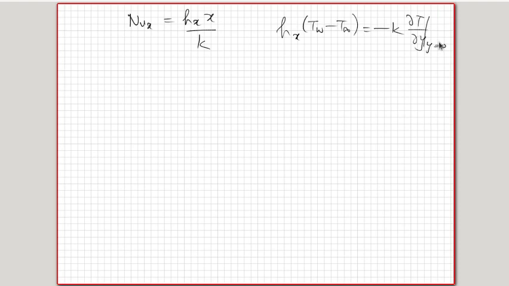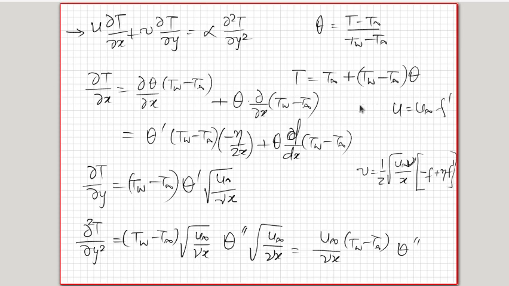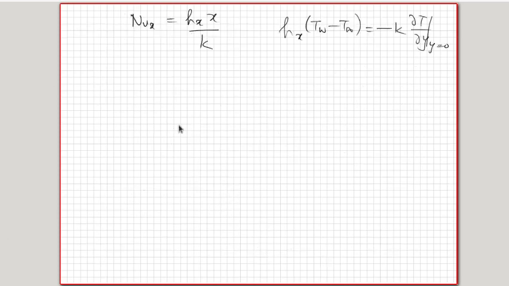Okay, so now if I substitute for del T by del y from the expression that we just derived, del T by del y is T wall minus T infinity theta prime into square root of u infinity by nu x. So this is going to be equal to minus k into T wall minus T infinity into theta prime multiplied by square root of u infinity by nu x.